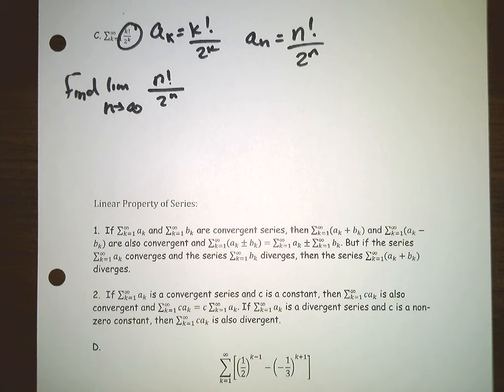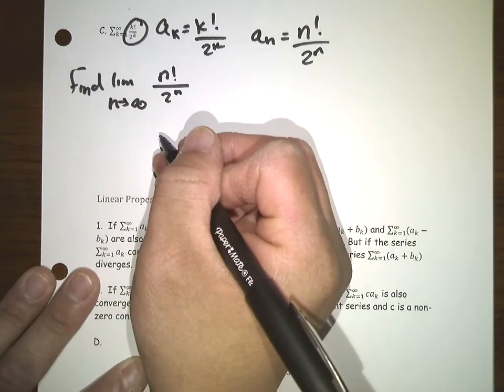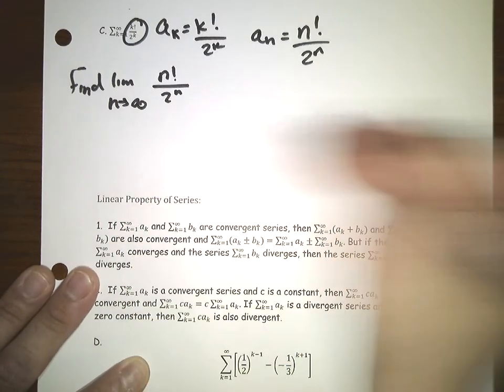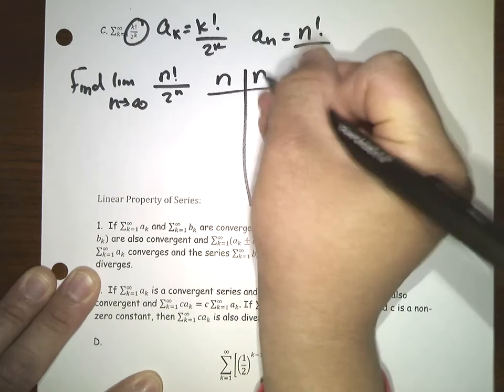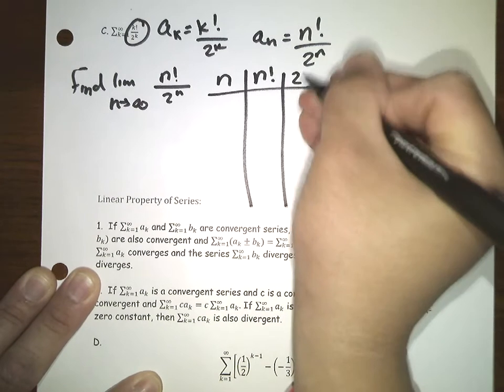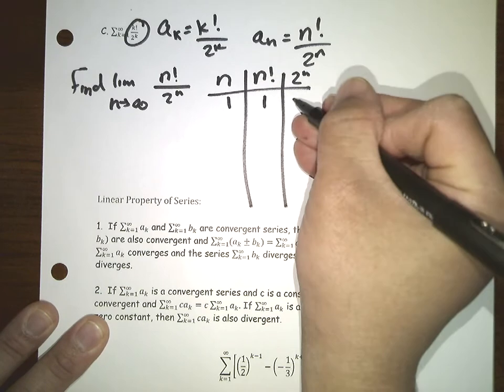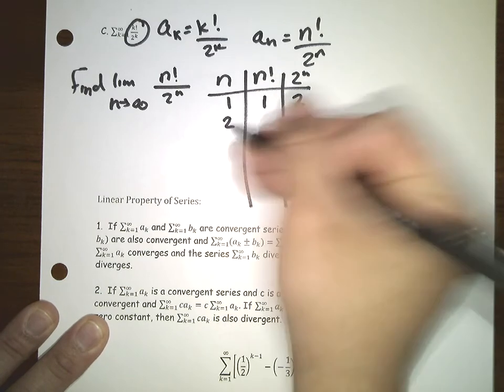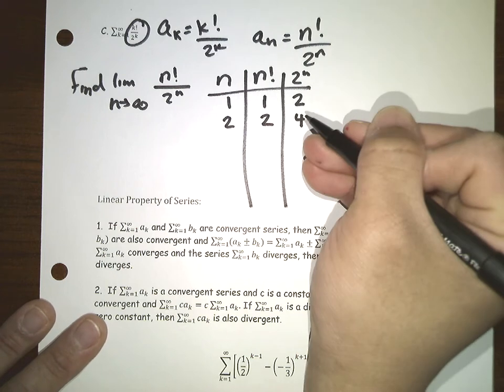All right, so keep that in mind also. In other words, what I'm saying here is that if we have n factorial and 2 to the n: if n is 1, n factorial is 1 and 2 to the 1 is 2. If n is 2, 2 factorial is 2 and 2 to the 2 is 4.